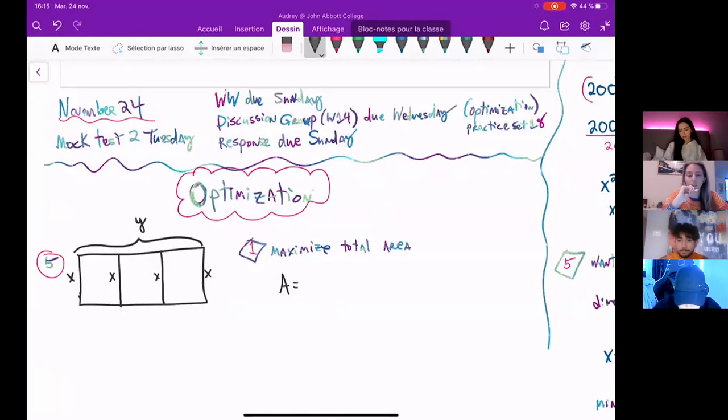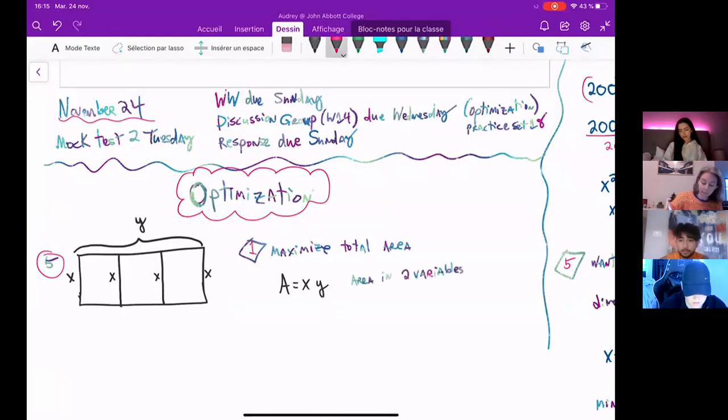What's the area of a rectangle? Good job, Alex. Good job, Luca. This is just X times Y, the length times the width, or the base times the height, however you want to think about it. My area is X times Y. So this is area in 2 variables.